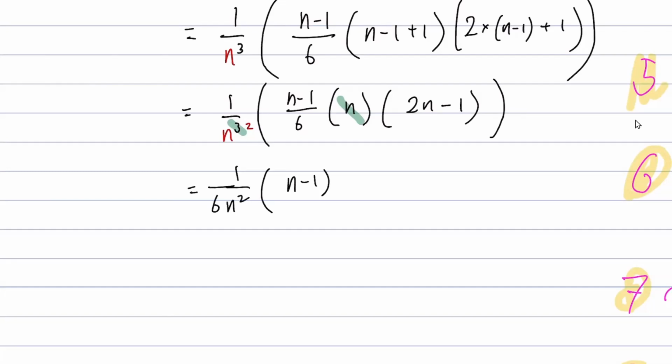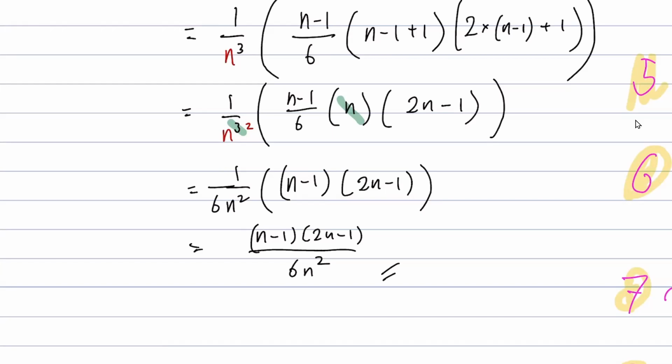Then I'm left with n minus 1 times 2n minus 1, this over 6, take out. Does it make sense? Then there you go, that's the formula already: 1 times n minus 1 times 2n minus 1 divided by 6n squared.